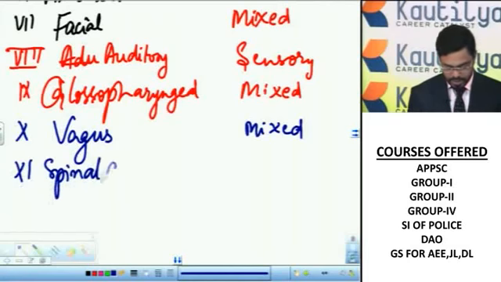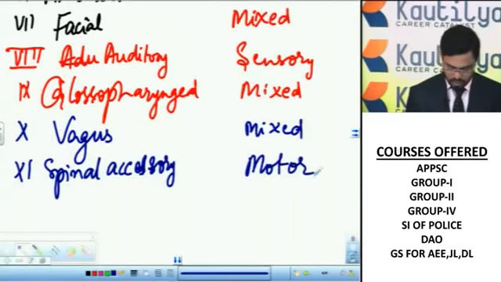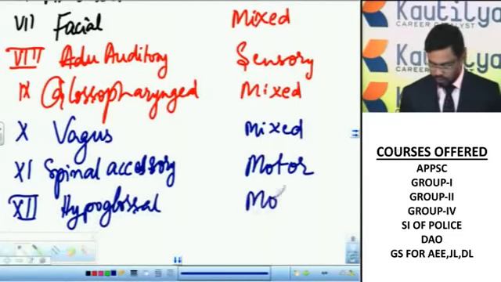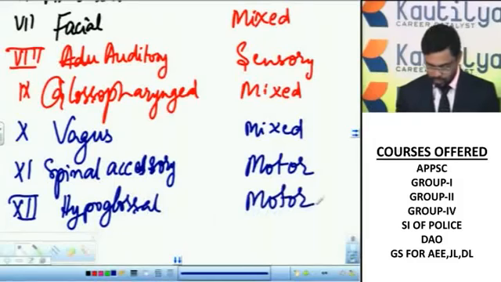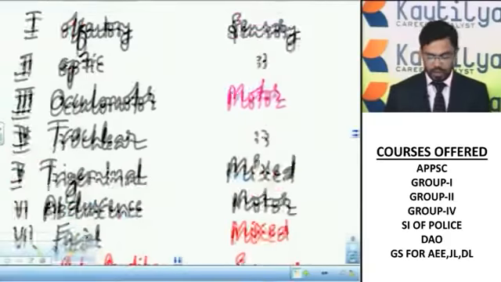Spinal accessory is motor. And next, hypoglossal is a motor nerve. So these are the 12 pairs of cranial nerves.